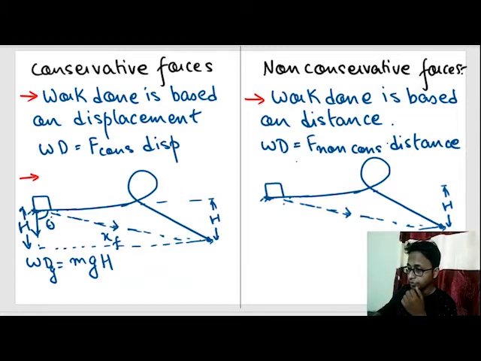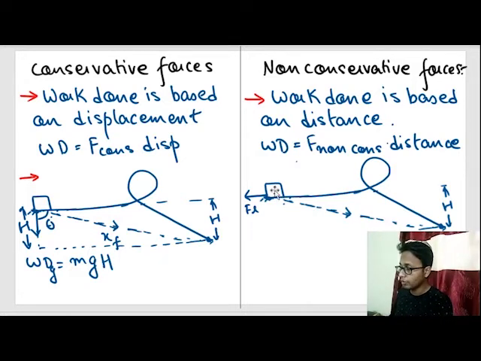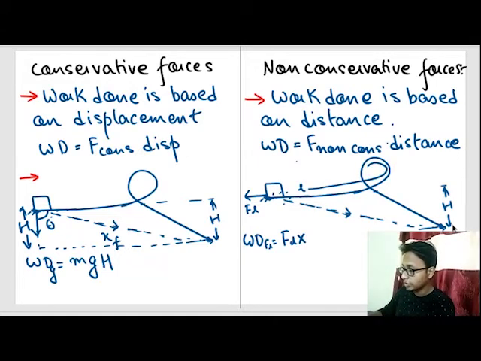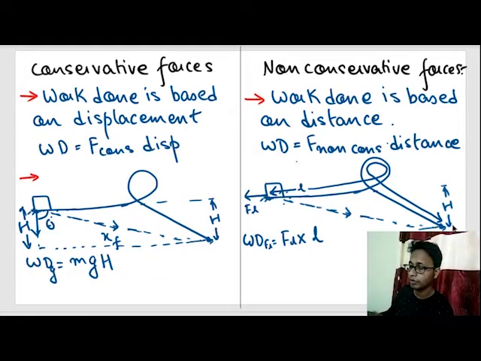What is the work done by friction force when the roller coaster rounds the loop and reaches out here? The work done by friction force is equal to friction force into the entire length of the roller coaster. It does not depend on displacement, but on the entire distance, the entire length of the roller coaster.